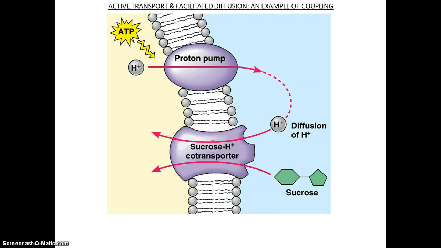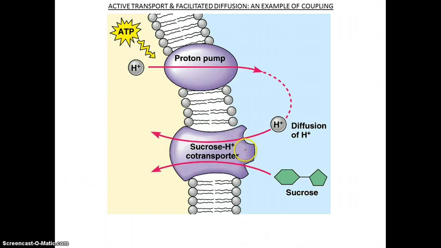Now here's an example where we're using the energy of the high hydrogen concentration, and we establish this gradient by using this proton pump, and then later on this high hydrogen concentration is going to diffuse through this protein, and while this is diffusing, that energy is used to co-transport sucrose, a sugar.